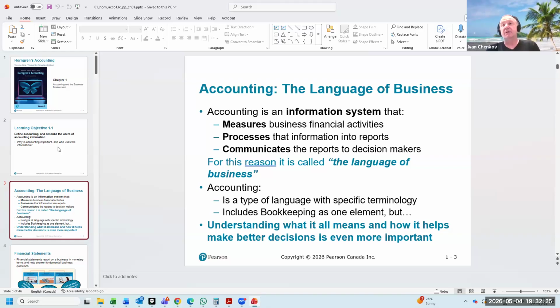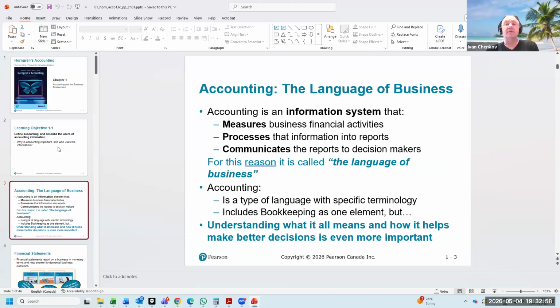Now, the fact that it's related to your personal account doesn't make it exactly an accounting system, but yes, in accounting, we also use that information to measure the activities, which activities are generating income and which are spending the generated income or revenue, process that information in the form of a report, and communicate the report to, in this case, the users or decision makers.